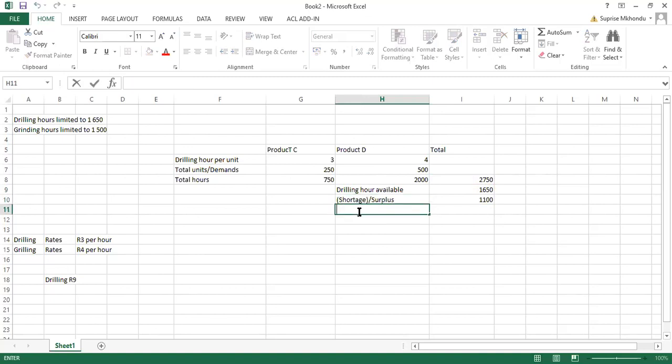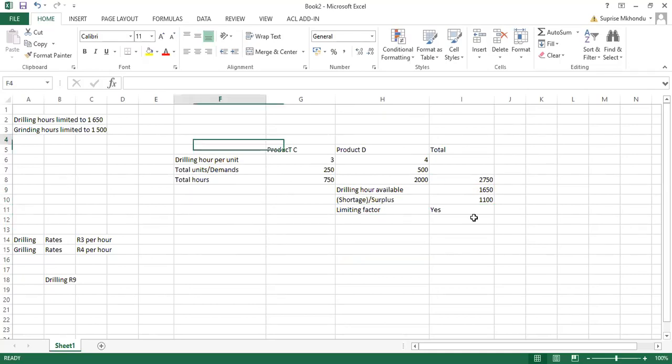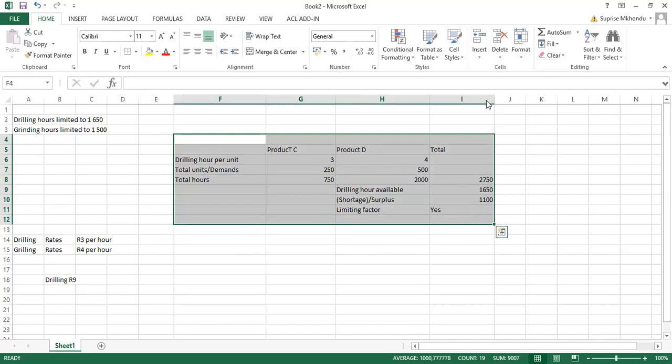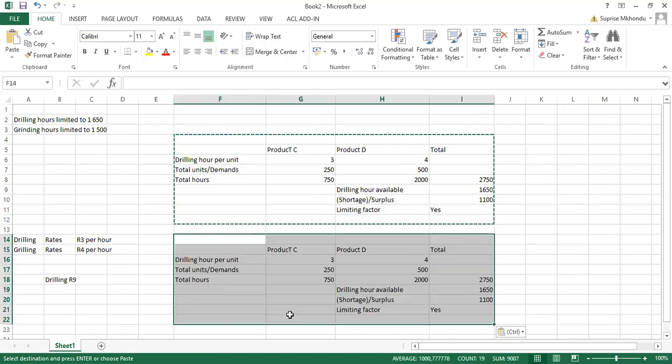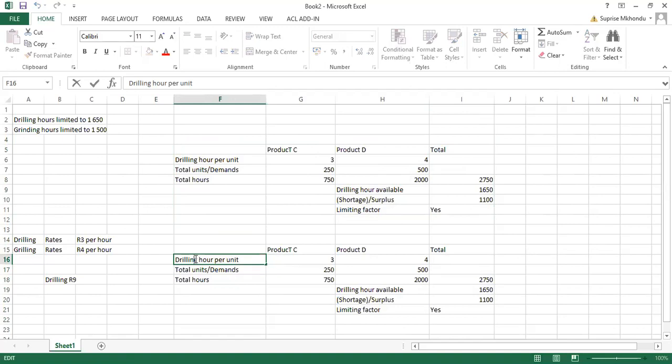So limiting factor: the answer is yes. Right, so let's do it for grilling hours. How many hours will it be for grilling, guys?